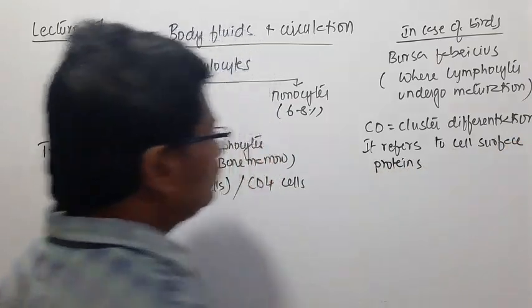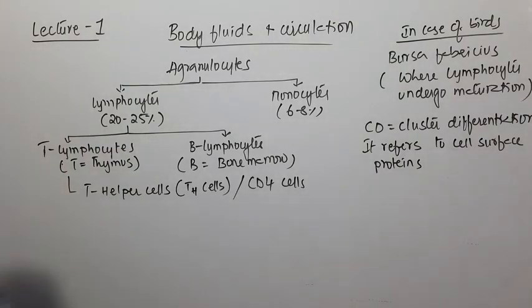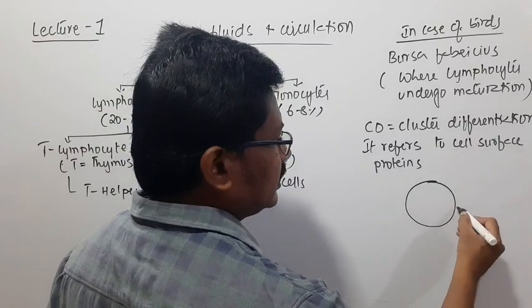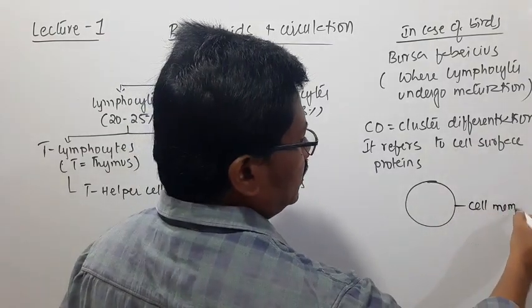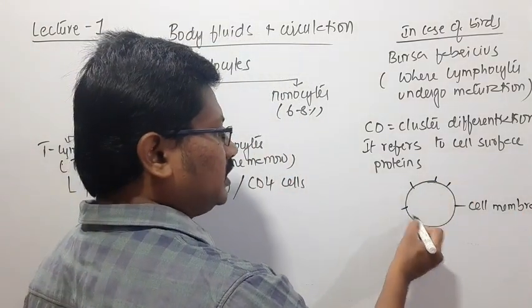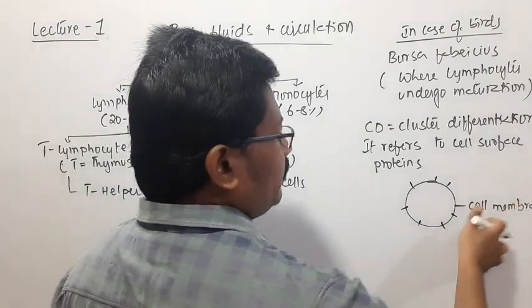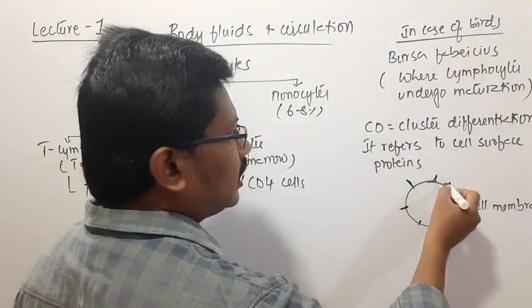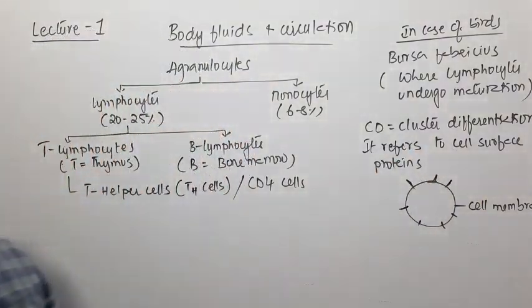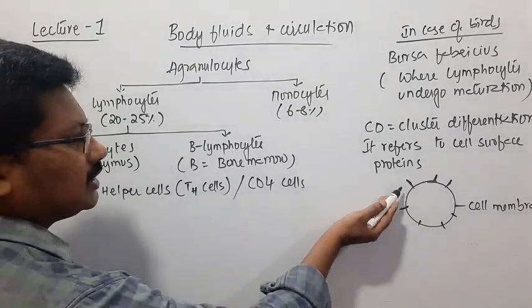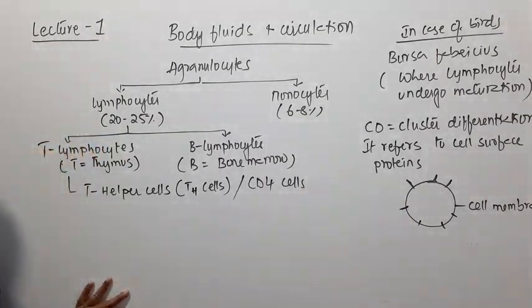There are some proteins present on the surface of the cell, bound with the cell membrane. So we have the cell membrane, and there are some special proteins embedded in this cell membrane and projecting to the outside. They have given some numbering, and basing on that they will identify what type of cell it is. So this is a CD4 cell.